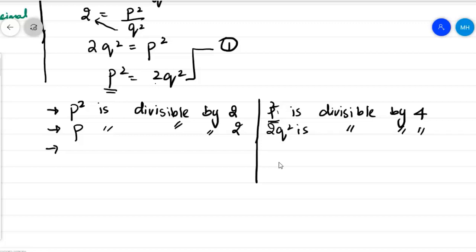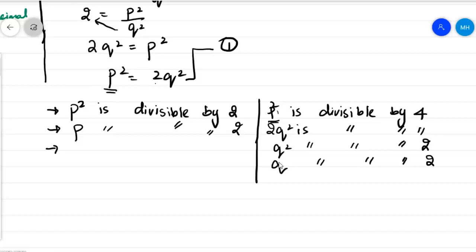So q square is divisible by 2. If we remove the 2 over here, this q square will be divisible by 2, right? Again the same theory: if the square of any number is divisible by 2, then q is also divisible by 2.